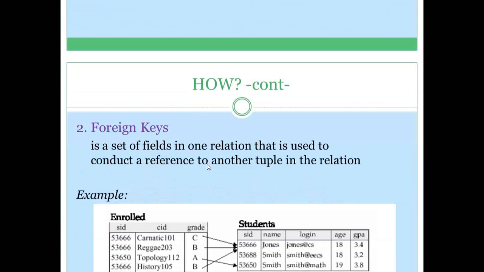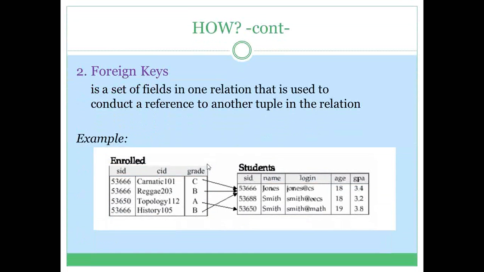Next, second is foreign keys. It is a set of fields in one relation that is used to refer to a tuple in another relation. So we can see the example in the table enrolled and student.